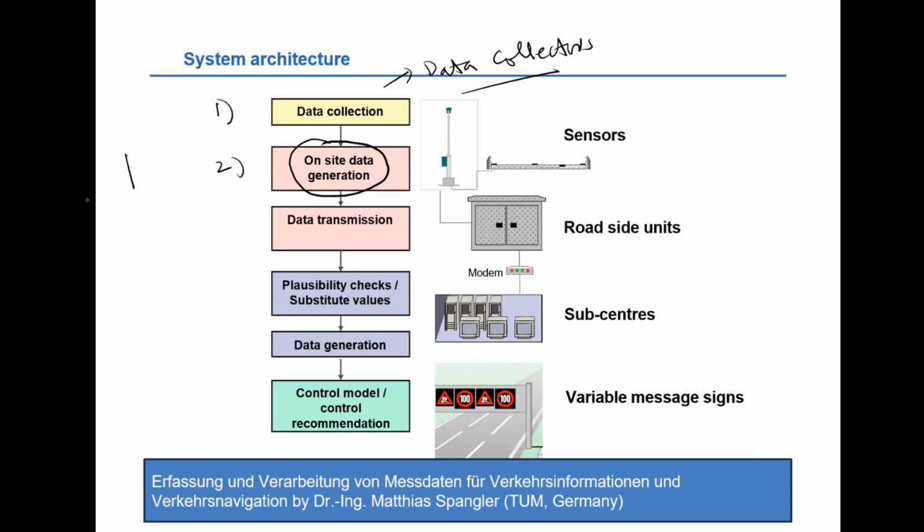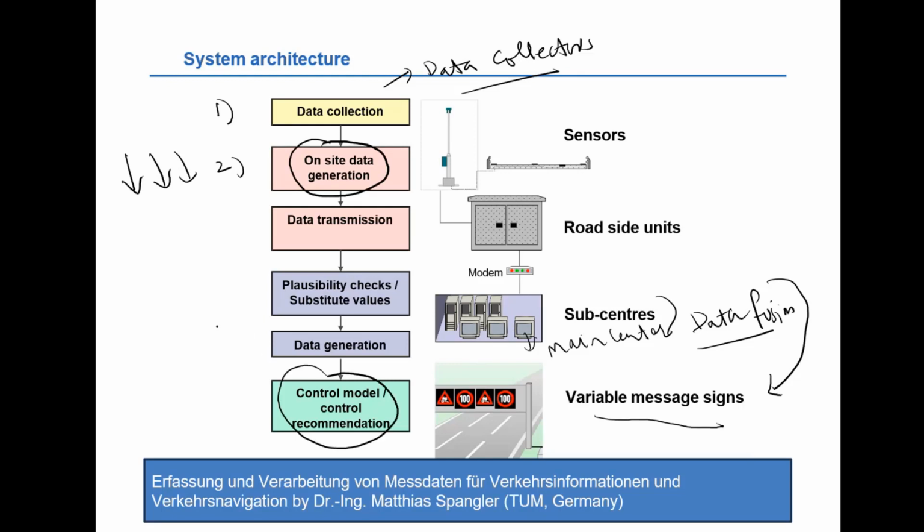It clusters the data and provides it to the algorithm through the modem sub center, which is connected with the main center. And then in the main center, through data fusion, we analyze the data and send it out in the form of variable message signs.